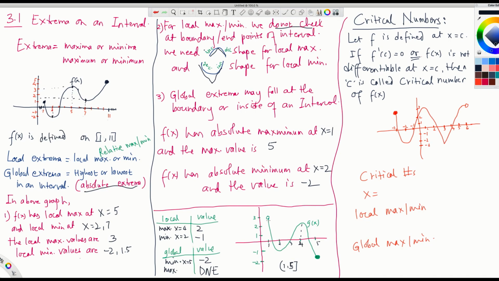But which one is the tallest, we don't know. Because 3 is not the tallest, because 3 is not defined, it is an open circle. But close to 3, maybe 2.9 is the tallest, you cannot say, because 2.99 may be taller than 2.9, right? And then do you think 2.99 is the tallest? No, because 2.999 may be taller. So we cannot figure out exactly which one that is. That's why we say it does not exist. You understand? Okay.